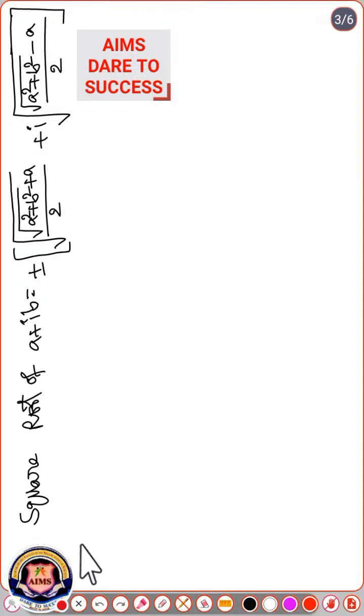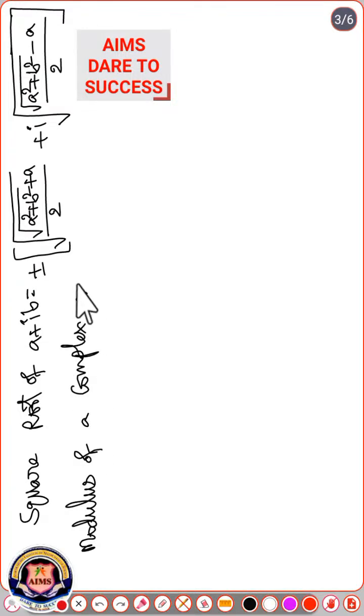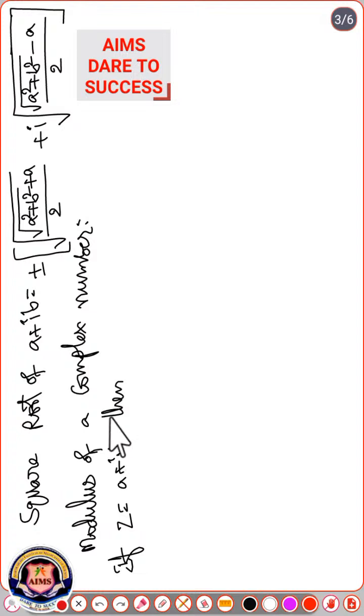And one more thing, my dears: modulus of a complex number. If you want to find the modulus of a complex number, if z is equal to a plus ib, or (a, b), then mod z, modulus, means mod z is equal to mod a plus ib.